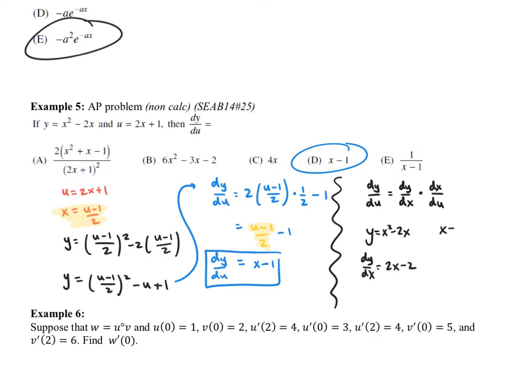We did solve for x to get u minus 1 over 2, so dx du is equal to 1/2. What we're going to do then is take the multiplication of these. We take 2x minus 2, and multiply by 1/2, and we get x minus 1.